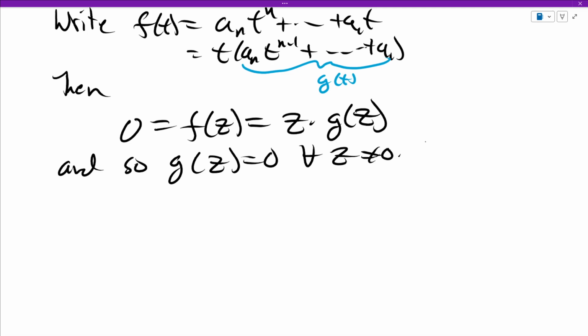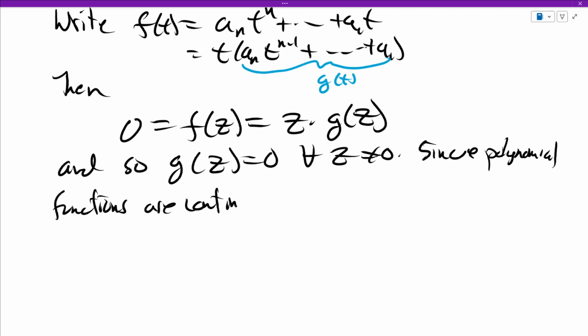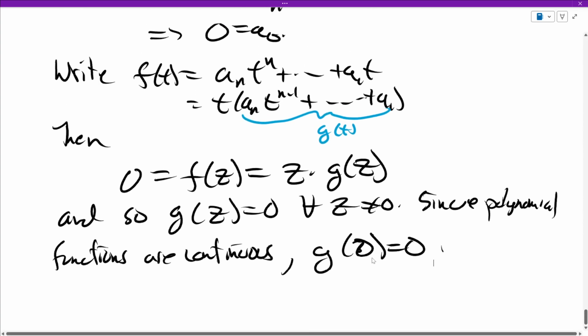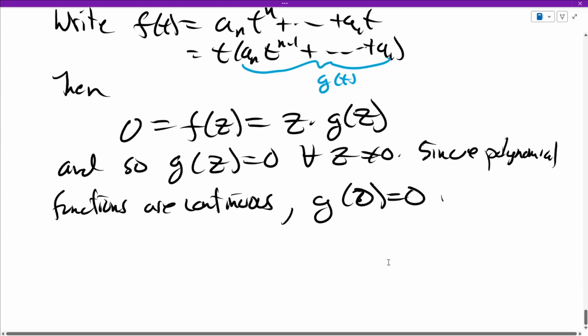What must happen here? Well, since polynomial functions are continuous, g of 0 actually has to be 0. And why is that true? Well, obviously, if polynomial functions are continuous, you can't be 0, 0, 0 and then have a jump at 0. That's a break in continuity.